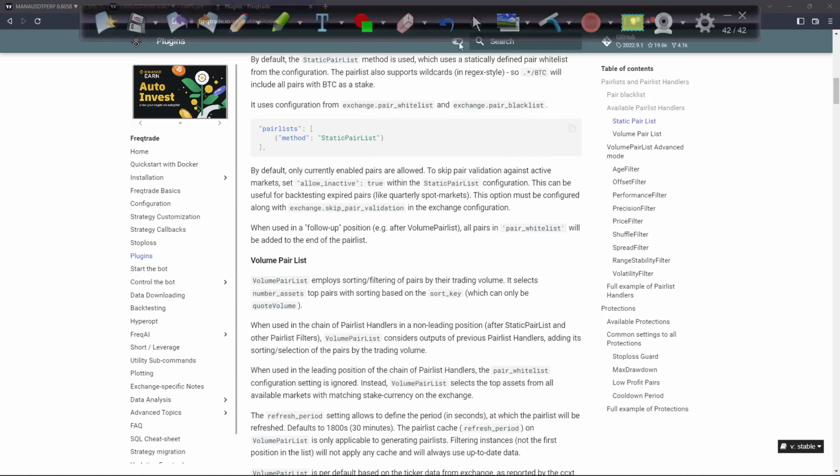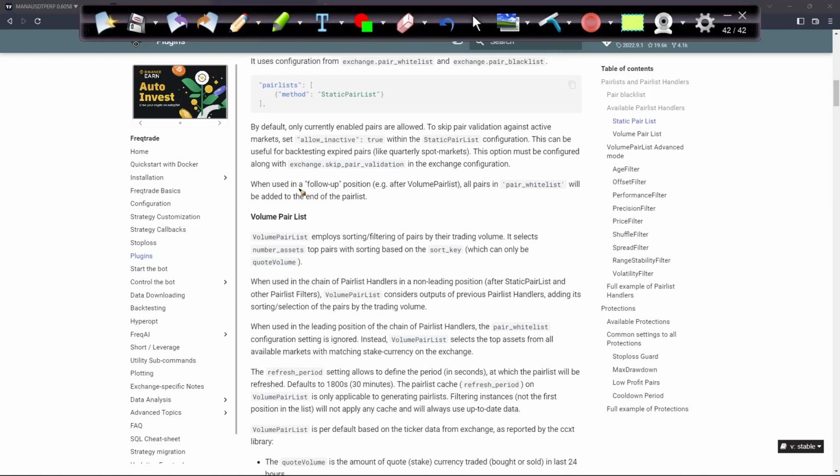Okay, so when used in a follow-up position, that is after volume pair list, all pairs in pair whitelist will be added to the end of the pair list. So it goes sequence-wise.